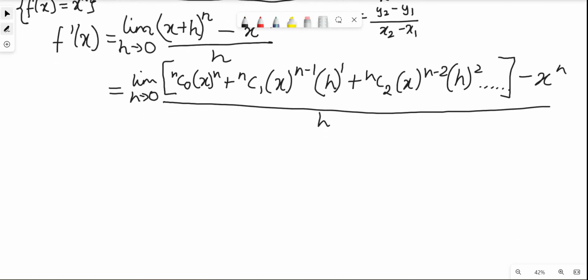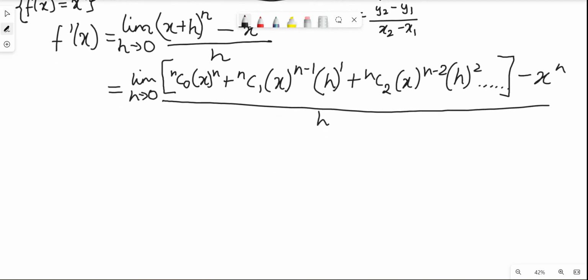This is the fun part. This is where all the canceling happens. We have the limit as h goes to 0 of... Now we can see that nC0 is just 1, by definition.